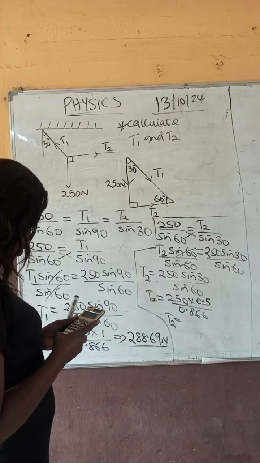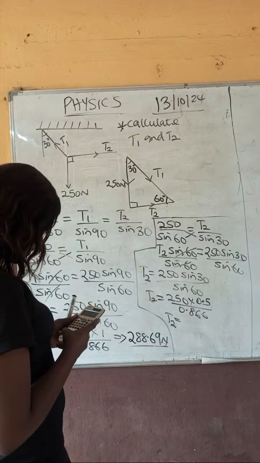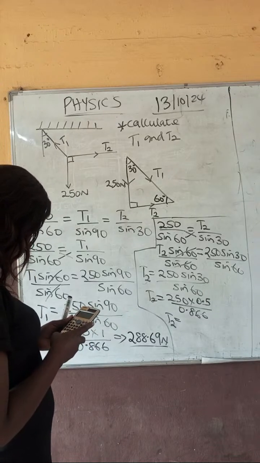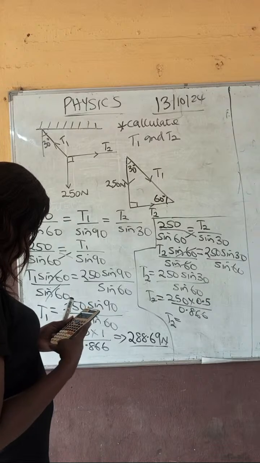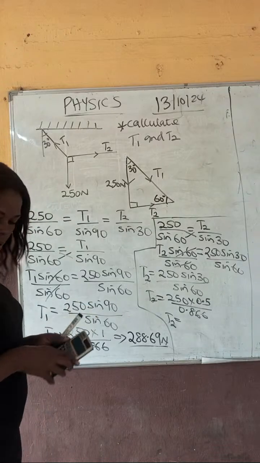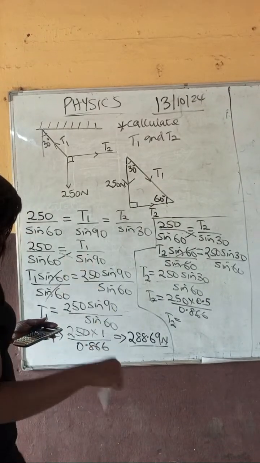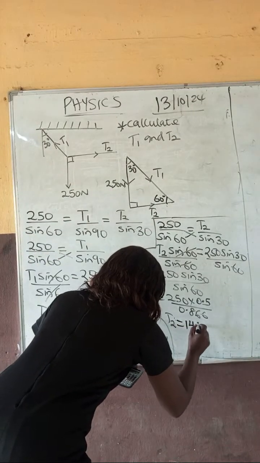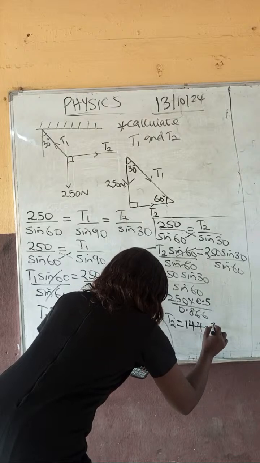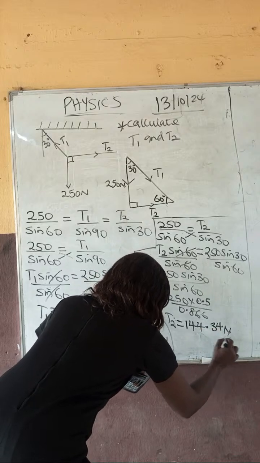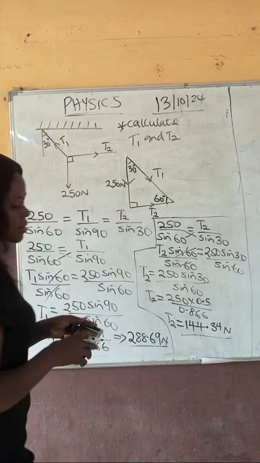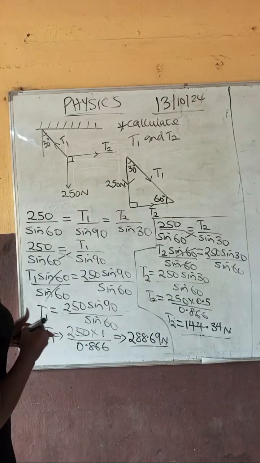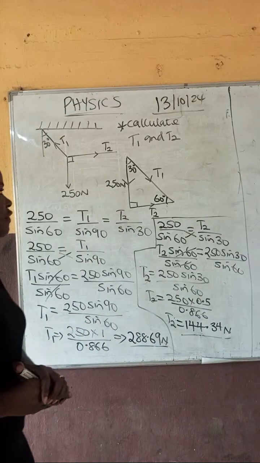Okay, 250 times 0.5, that is 125, divided by 0.866. So I'm going to have my T2 to be 144.34 Newton, right? My T2 becomes 144.34 Newton.